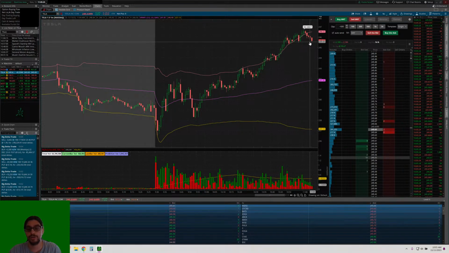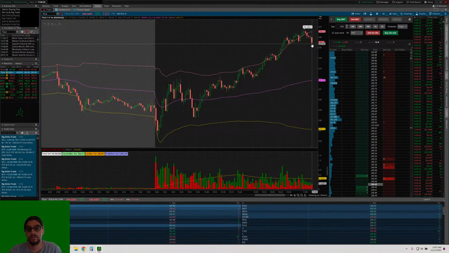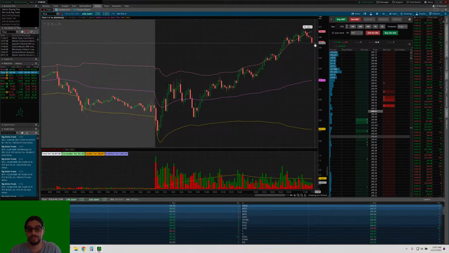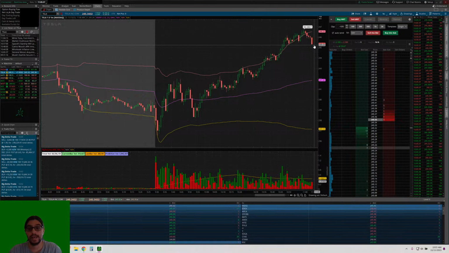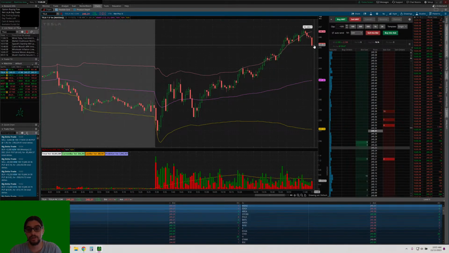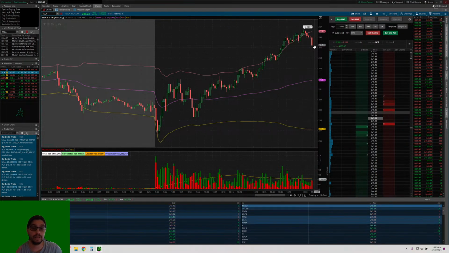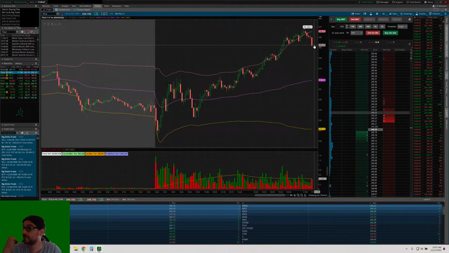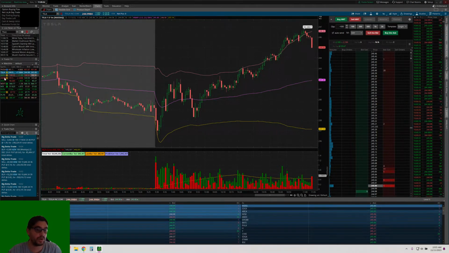So you could try to do a dip buy right down in here, with a stop loss right here, or now I'd be looking at maybe a short. So yeah, now this is starting to look like a short. But I'm not going to do any more plays on this. I'm happy where I'm at.